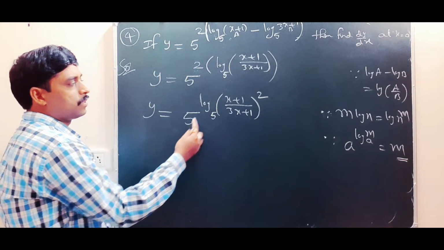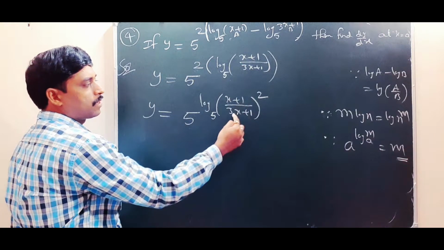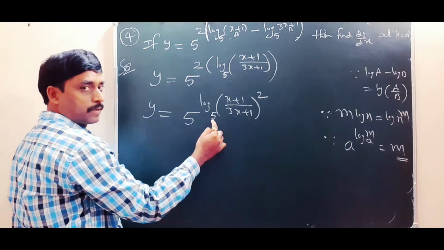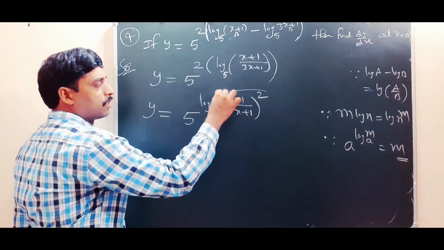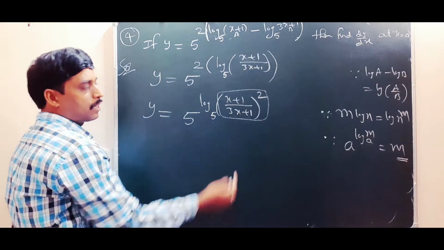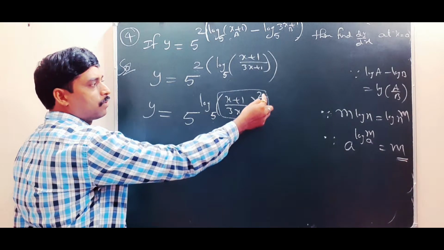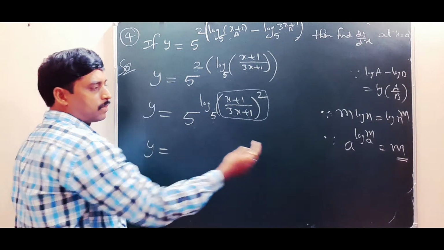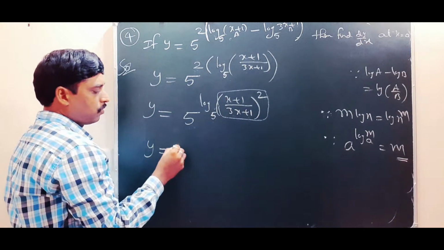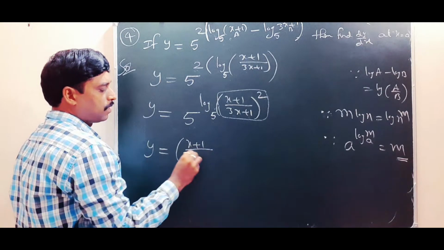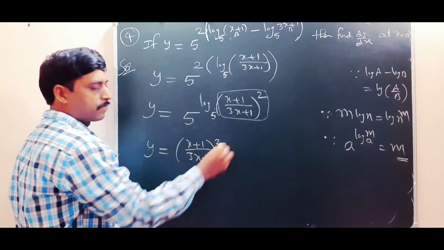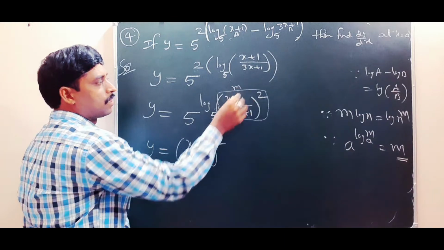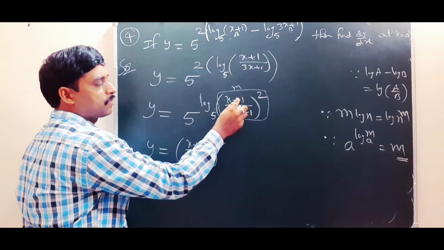So 5 to the power log of ((x plus 1) by (3x plus 1)) whole square base 5, where m is replaced by ((x plus 1) by (3x plus 1)) whole square. So this, we should apply this formula. It is going to be ((x plus 1) by (3x plus 1)) whole square.